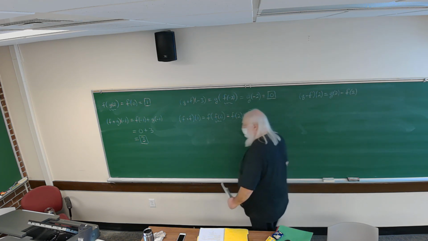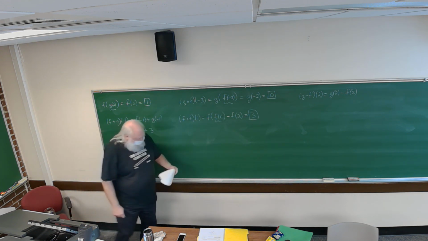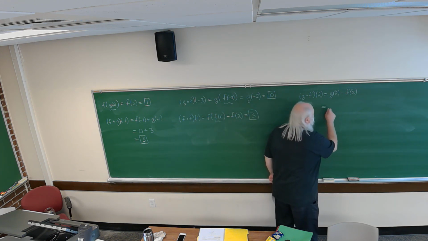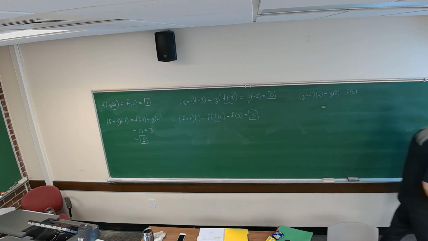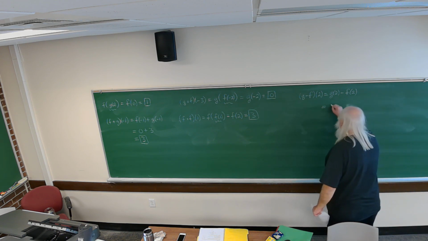Okay. Well, what's g of 2 equal to? Here's x equals 2 in the graph of g of x. You can see that's an x-intercept. The y-coordinate is 0. And so g of 2 is equal to 0.